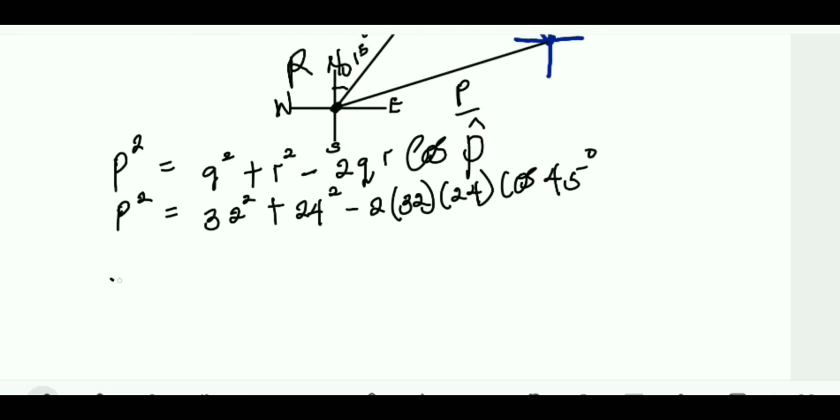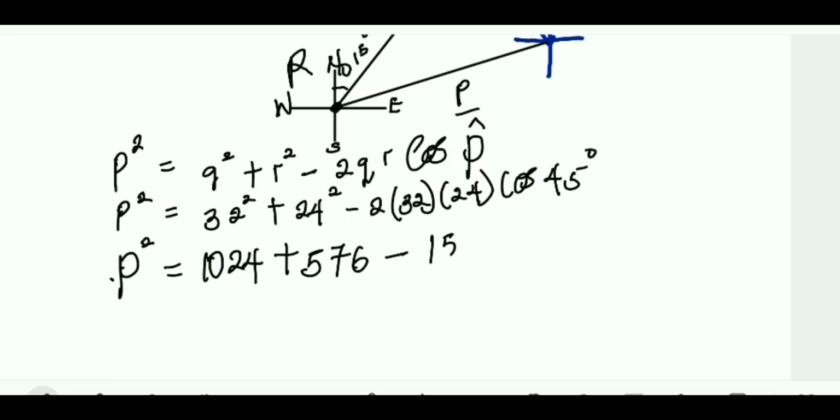Alright, so P squared is equal to, what's the value of 32 squared? 32 squared is 1024, 24 squared is 576, minus 2 times 32 times 24, I have 1536, then times cos 45.